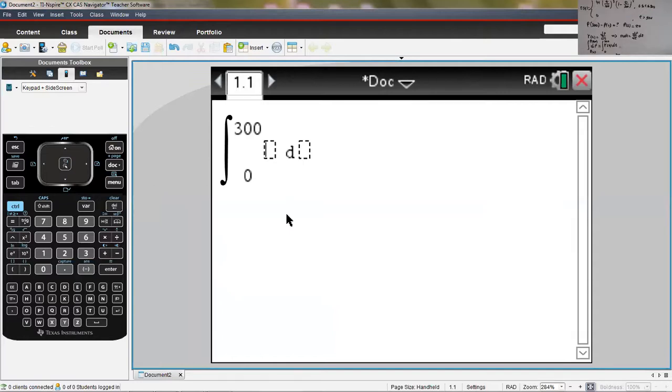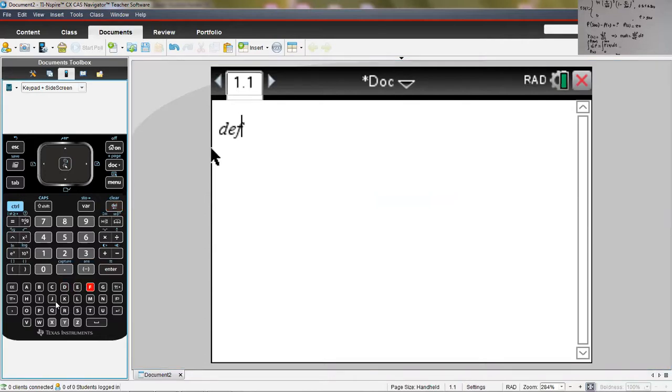Before this, let me just define the function, because I don't want to type this too many times.